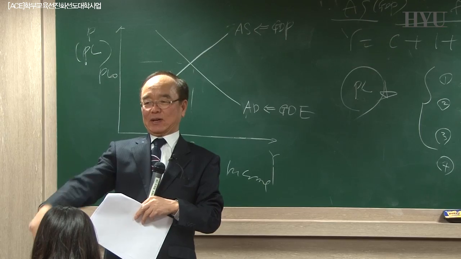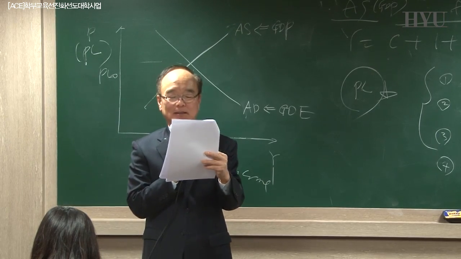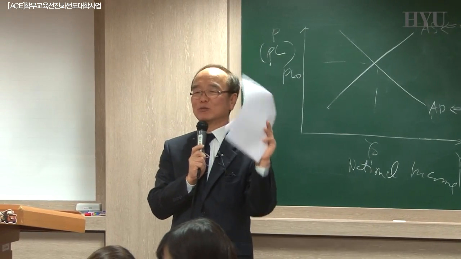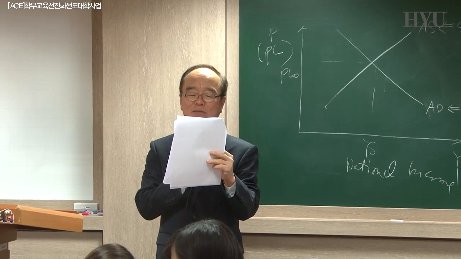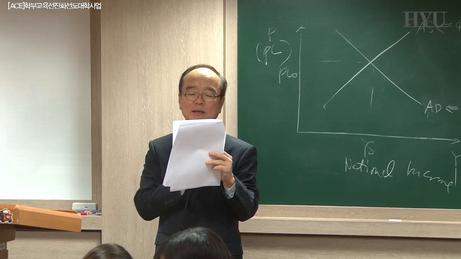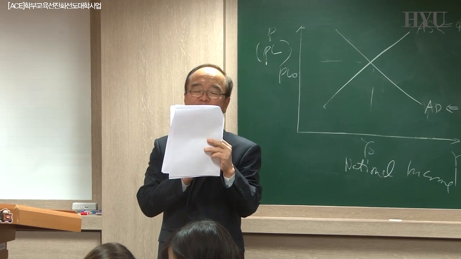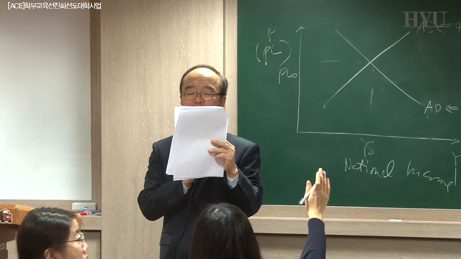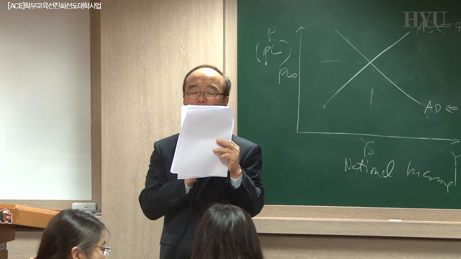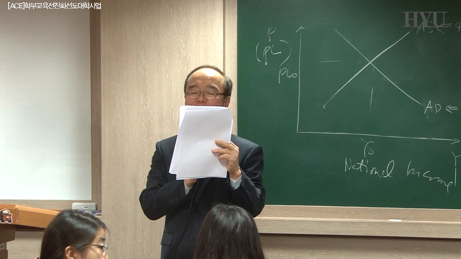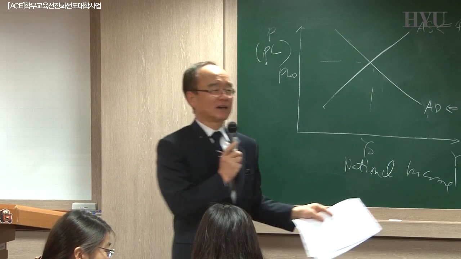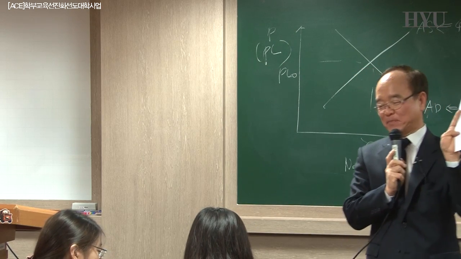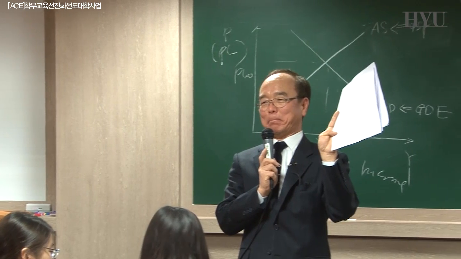Let's simply assume this, because I haven't explained it yet. P falls, real money balance goes up, your bond purchases go up, the bond price goes up, R falls. What goes up? I goes up. That's your job. Fill the blank. I goes up.